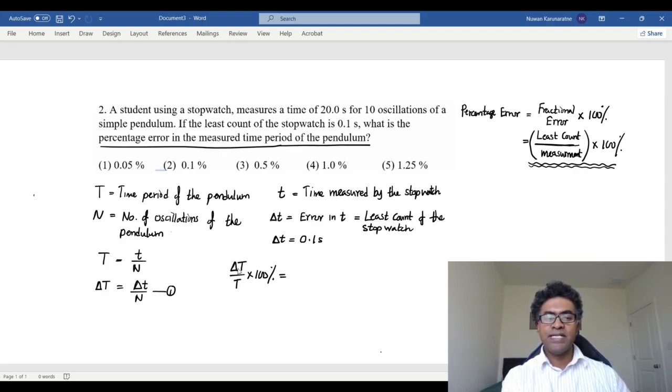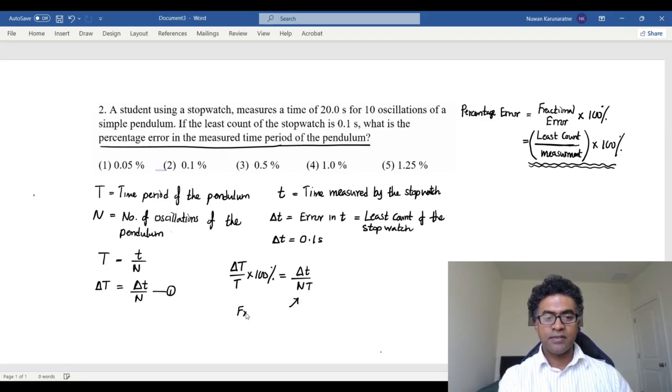So for delta T, I'm going to substitute 1, that is delta lowercase t divided by N, and then again divided by the time period of the simple pendulum. This is from 1. Okay, and then we have to multiply this by 100%.